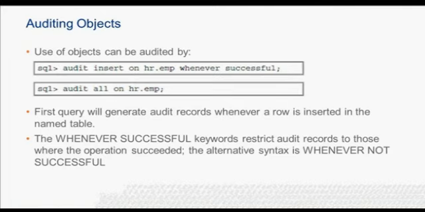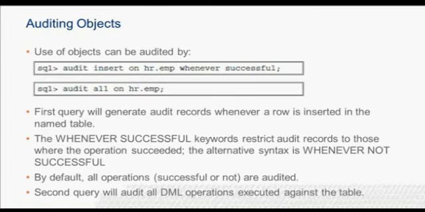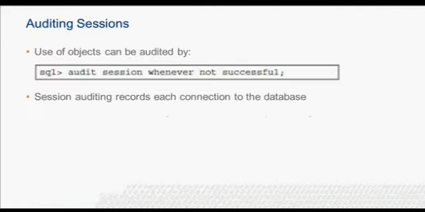If we want to audit any object, we give the command AUDIT action ON object. The WHENEVER SUCCESSFUL keyword restricts audit records to those where the operation succeeded. The alternative syntax is WHENEVER NOT SUCCESSFUL. By default, all operations are audited. The second query will audit all DML operations executed against the table.